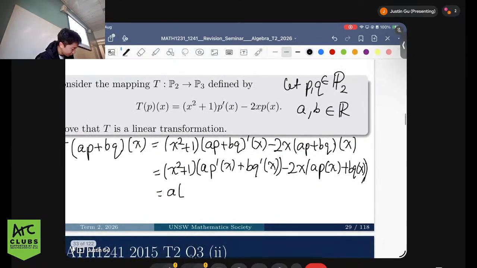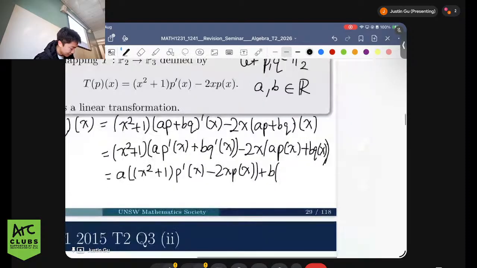Yeah, continuing on, you have x squared plus 1 P dash of x minus 2x P of x, and then plus b. Okay, I actually don't have space for it. x squared plus 1 Q dash of x minus 2x Q of x. Okay.